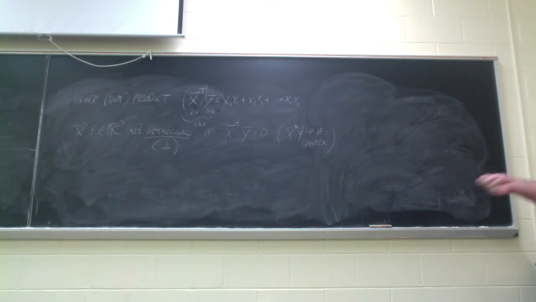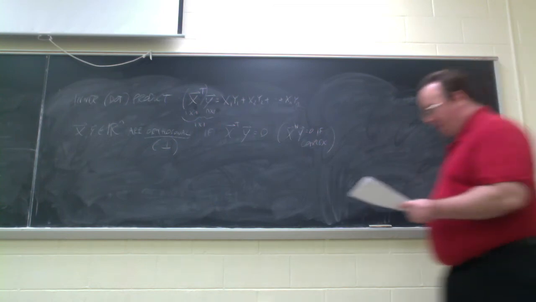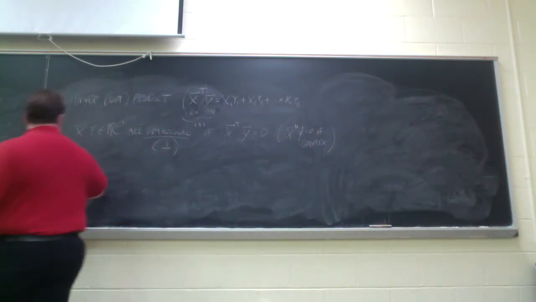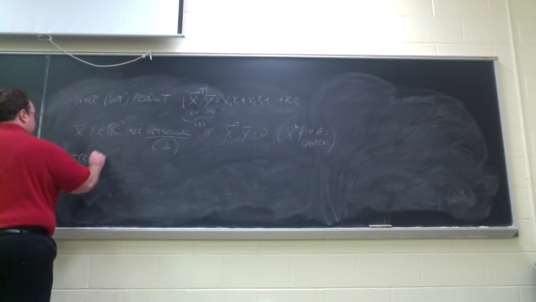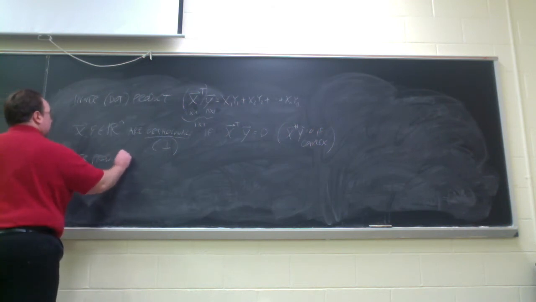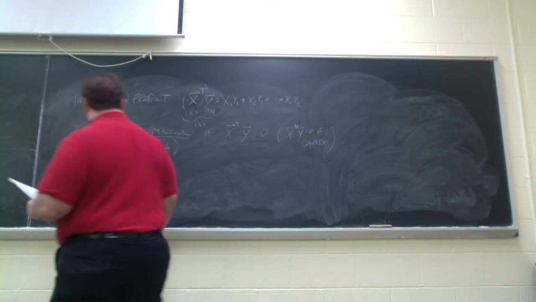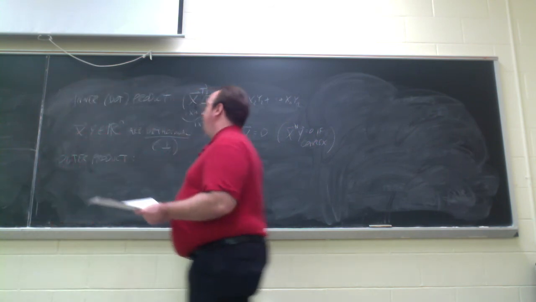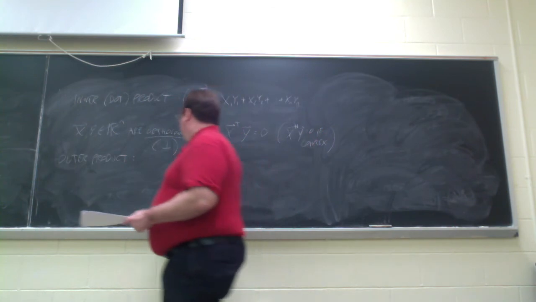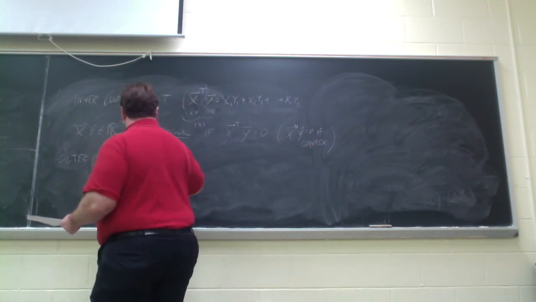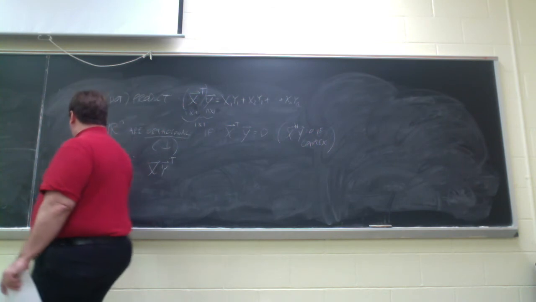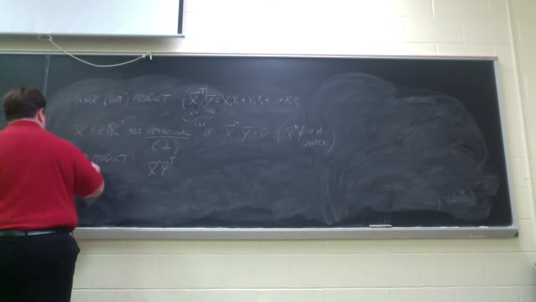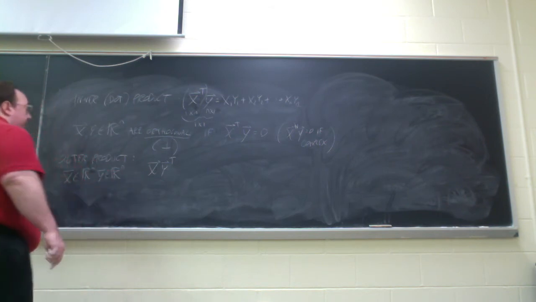Now, no doubt you've heard the term dot product before, because that's a term that's used in calculus. But it seems strange to call it an inner product unless we also have an outer product. And we do. An outer product, instead of x transpose y, we have x y transpose. So here we assume that x is in Rm, y is in Rn.